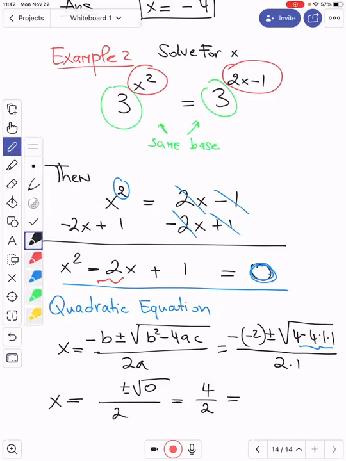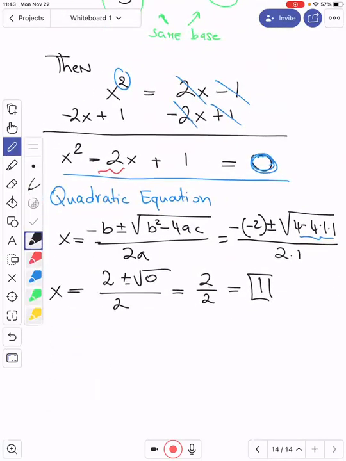I don't know why I said 4. Minus negative 2, of course, is 2. So this is 2 over 2. All right, so then the answer is 1. So the final answer here would be x equals 1.